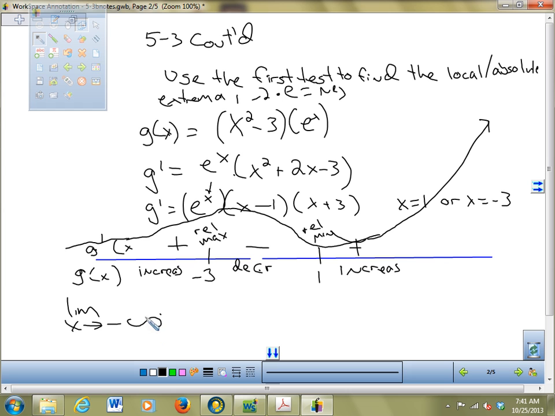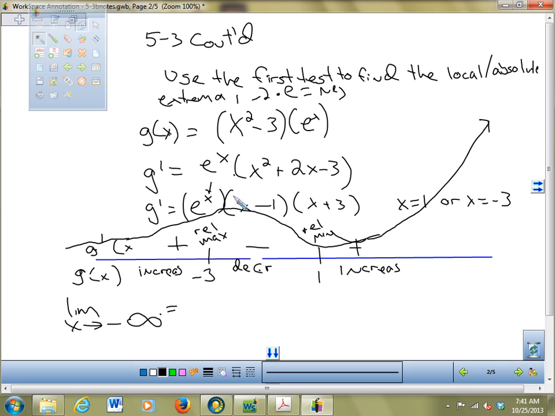The limit as x goes to negative infinity, this number will still never be negative, right? It'll always be positive. And this number is a positive big number, and this number kind of goes to 0.